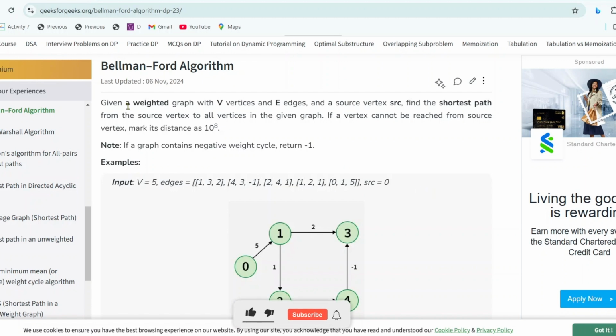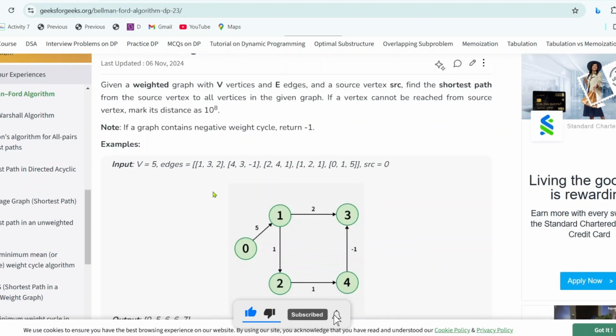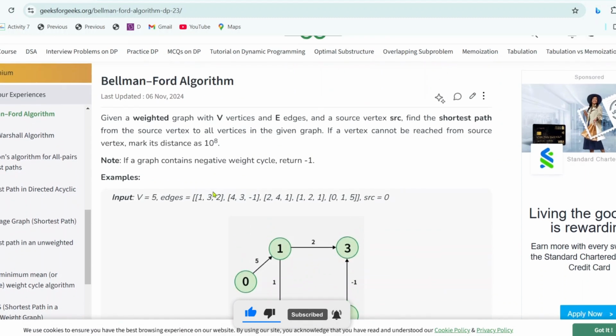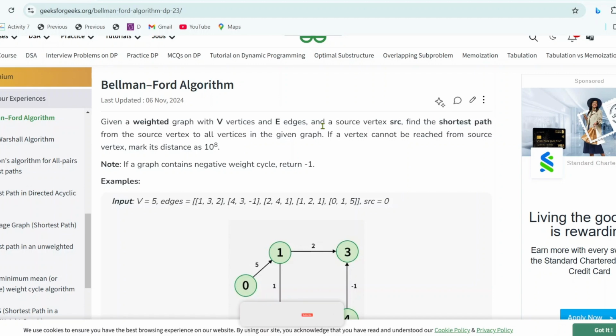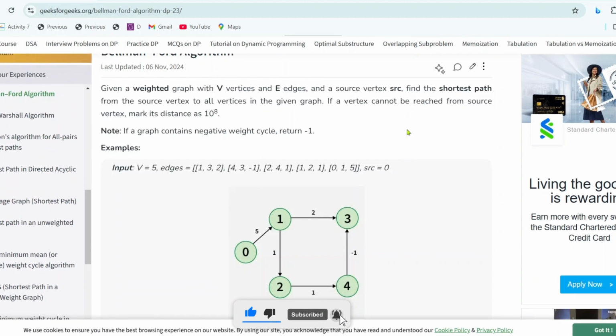See, in this problem, they have given a weighted graph with V vertices and E edges, and then given a source vertex SRC. You need to find the shortest path from the source vertex to all the vertices in the given graph.